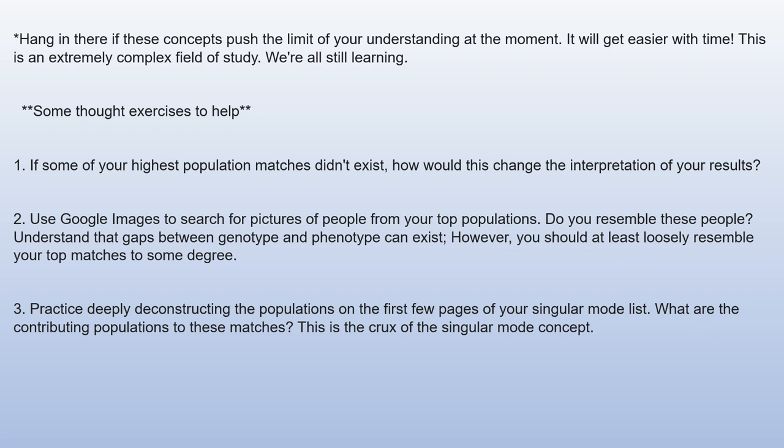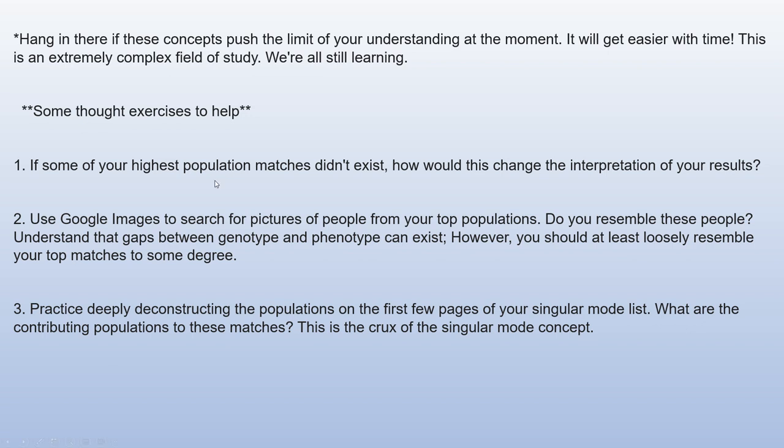Let's say that you are Nigerian and you were to remove the top Nigerian matches. Would you be able to decipher that you are Nigerian by the subsidiary matches that are listed after you take away the Nigerian populations? It's kind of a philosophical question, but would you be able to decipher that you're Nigerian based on your ancillary/subsidiary populations?